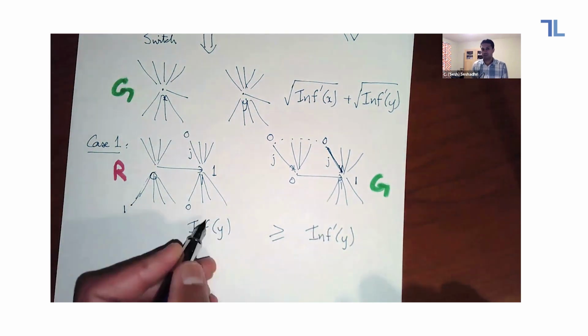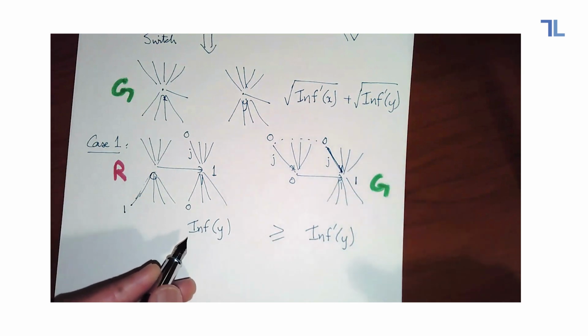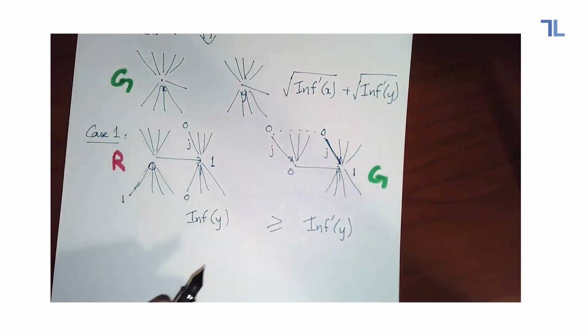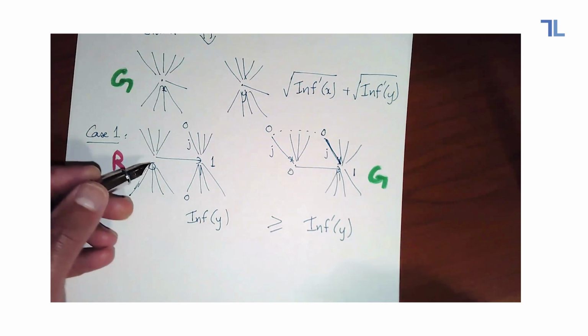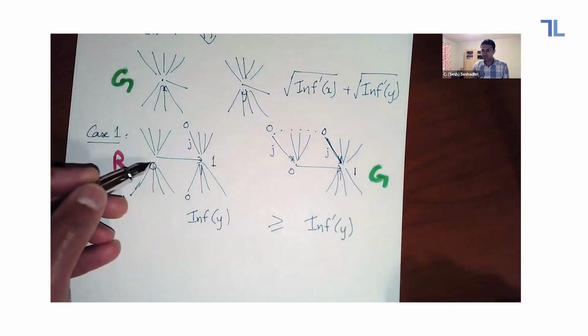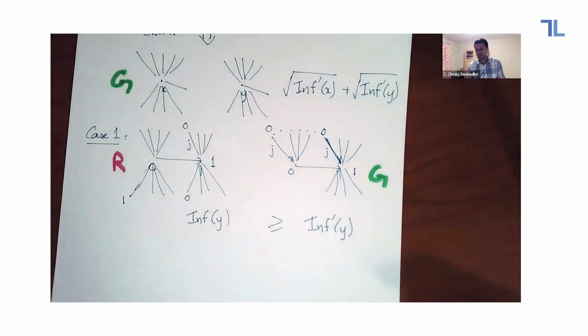It cannot increase. Yes, influence may decrease. It may decrease, but it's not going to increase. We're not even counting influences on value 0. Just to make life easy, just count influence on value 1.